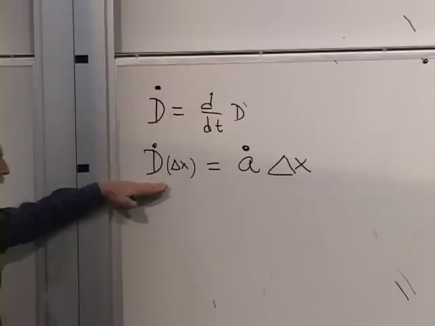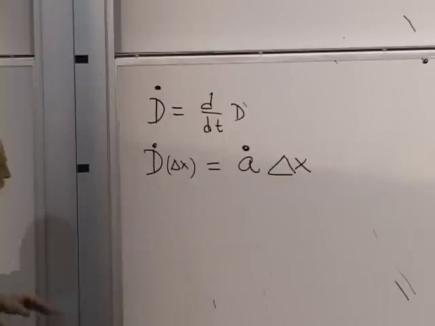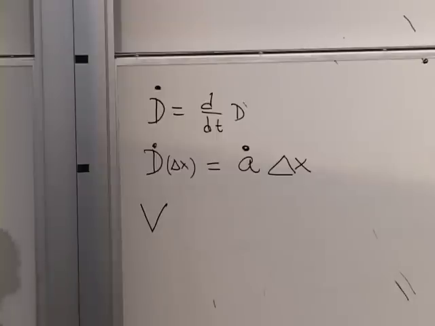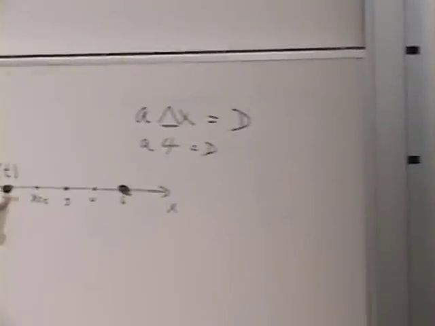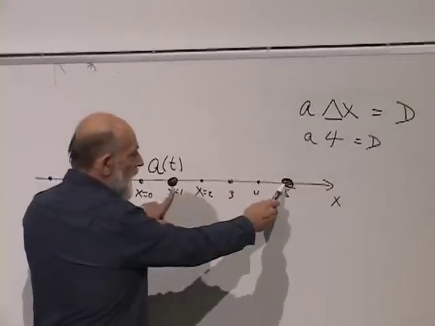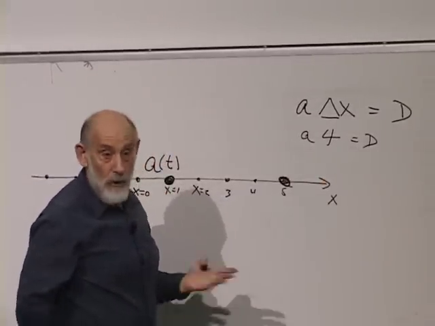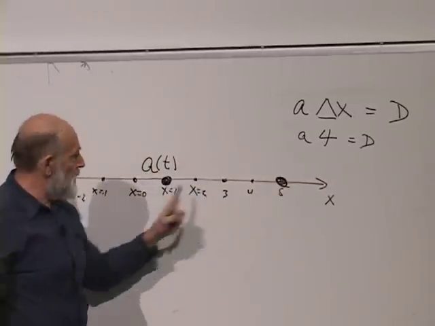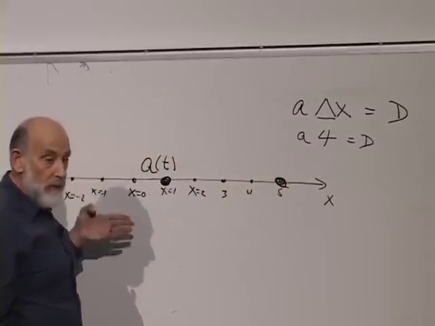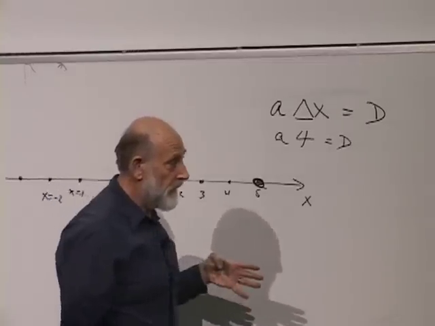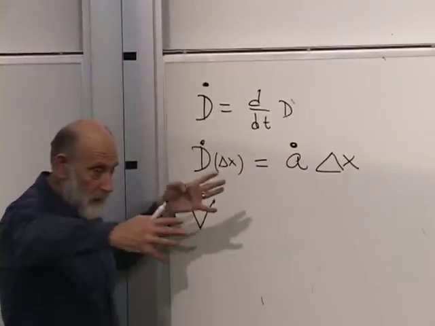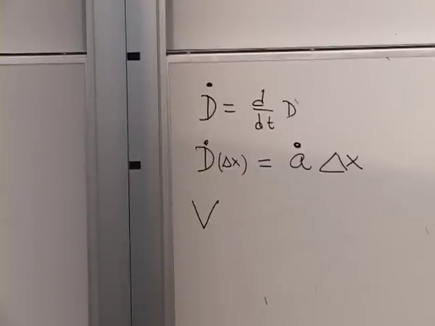We call this the velocity, the relative velocity between the 2 points. It's the velocity that the astronomer at x equals 1 would see x equals 5 moving away from him or moving toward him. It's also the velocity that x equals 5 would see of x1 either moving away or coming closer.